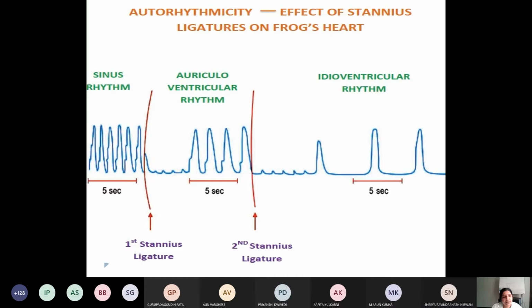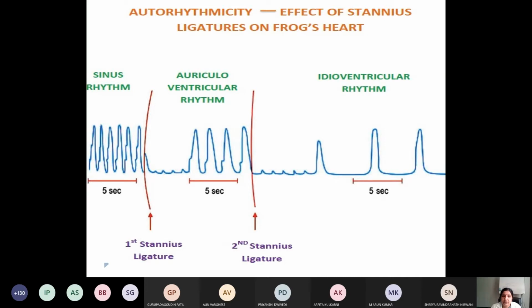After that, a strenuous ligature, which is a thread, is put at the junction of the sinoatrium or truncus venosus and the atria, and after a few seconds, the pattern of the cardiogram you get is called the auriculoventricular rhythm. I will explain in detail; just remember the graph.